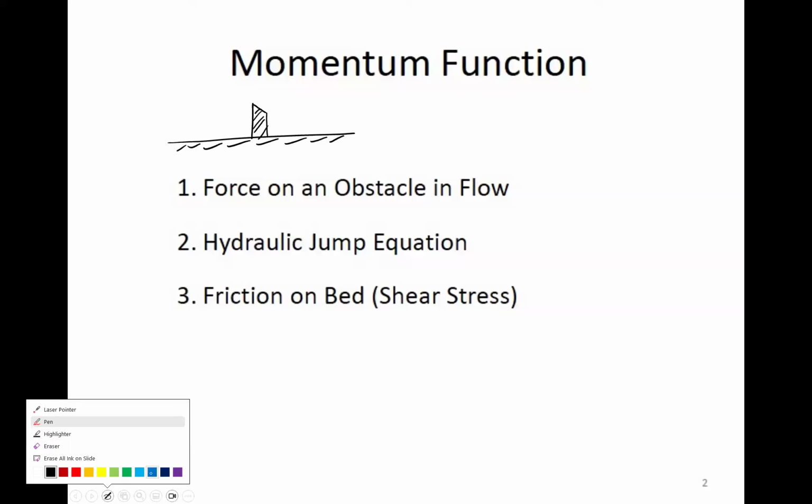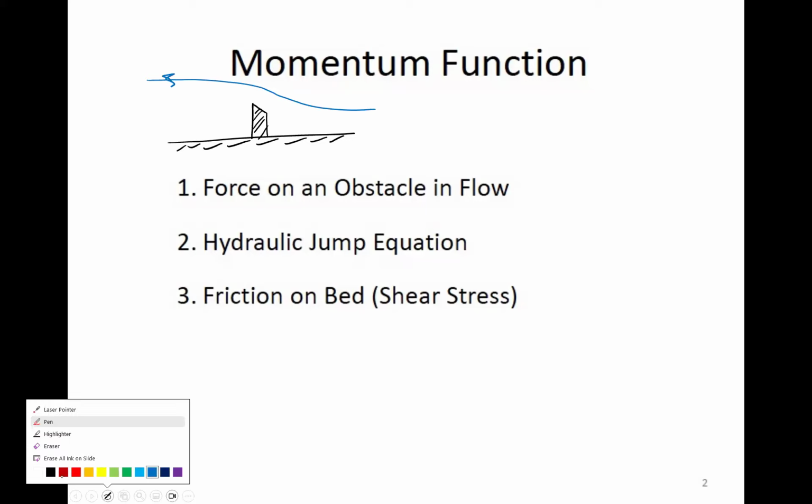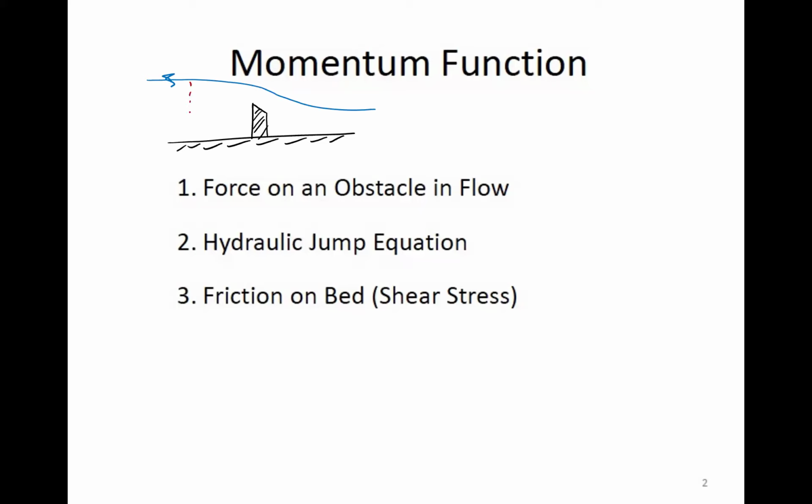And we said, okay, in a case like this, if that's the water level, we go from section 1 upstream to section 2 downstream, and there will be a force applied on the object.